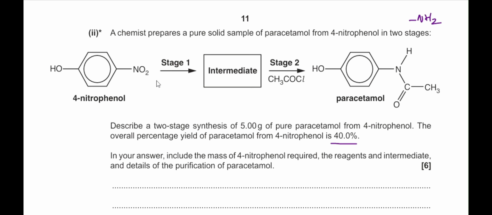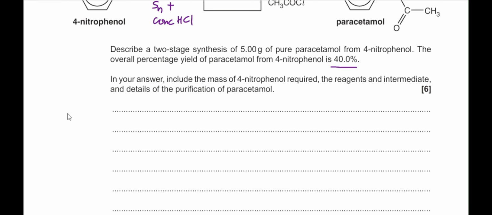Therefore, in stage 1, the nitro group is converted into the amine group, and therefore it has been reduced. Reduction is best done by an active metal such as tin in the presence of concentrated hydrochloric acid.